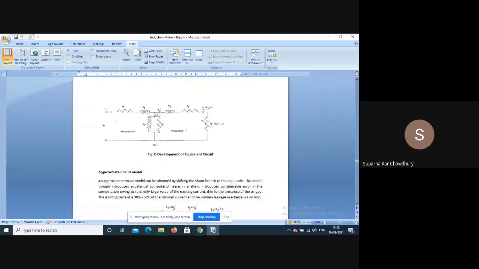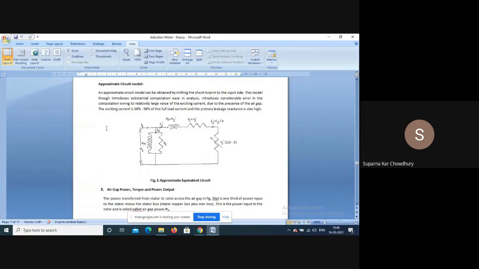Now before going to that, the approximate equivalent circuit. In case of a transformer, we have drawn the approximate equivalent circuit by shifting the parallel or shunt branch to the input side. Here also we can do it. We can shift the parallel branch to the input side, which makes the calculation much easier.